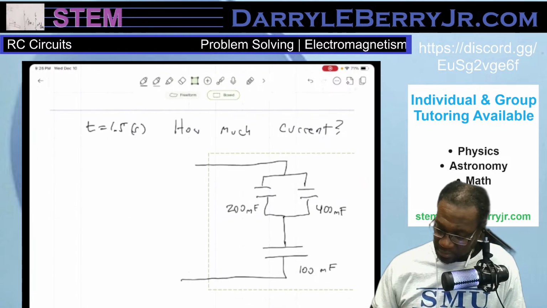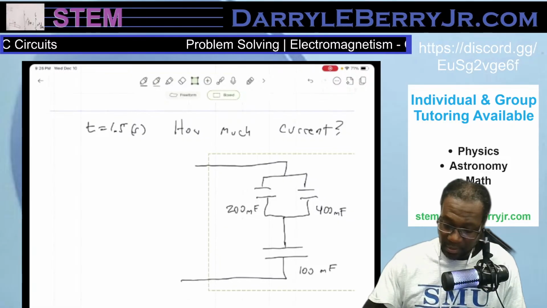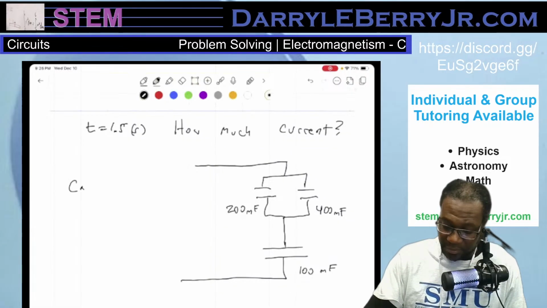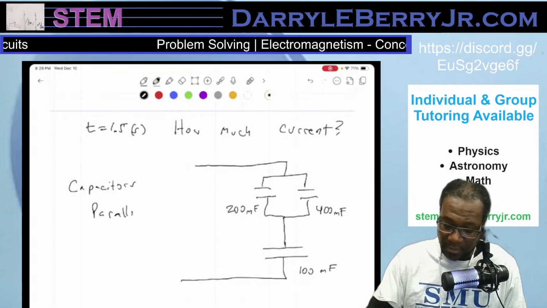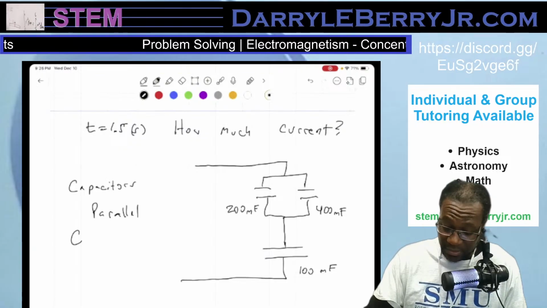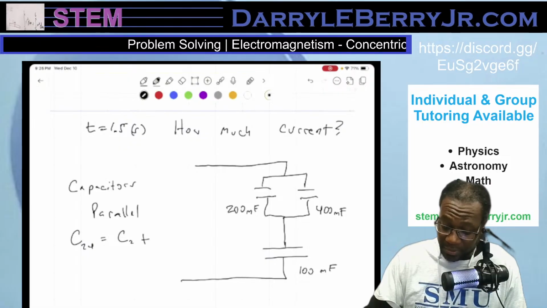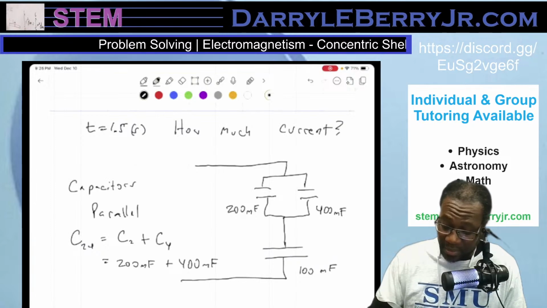The first thing we notice is the ones at the top are in parallel. Capacitors are the reverse of resistors in how we add them. Capacitors in parallel: we'll call that C24 equals C2 plus C4. So that's going to be 200 microfarads plus 400 microfarads.